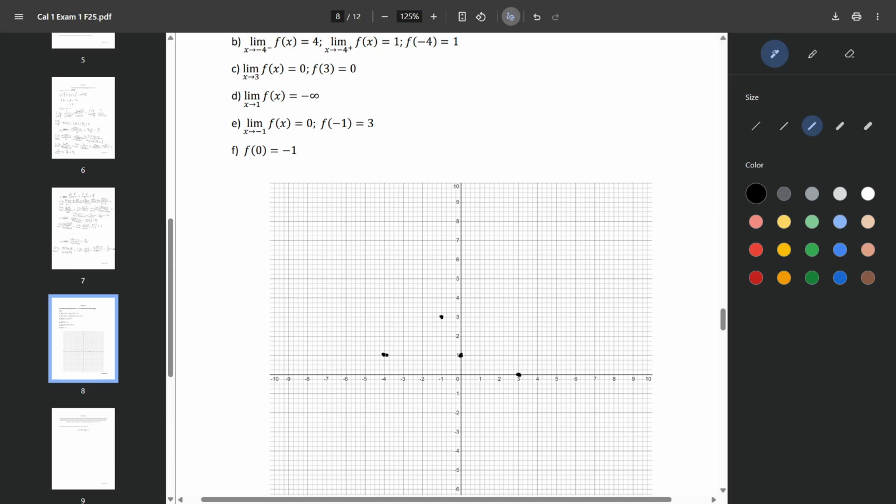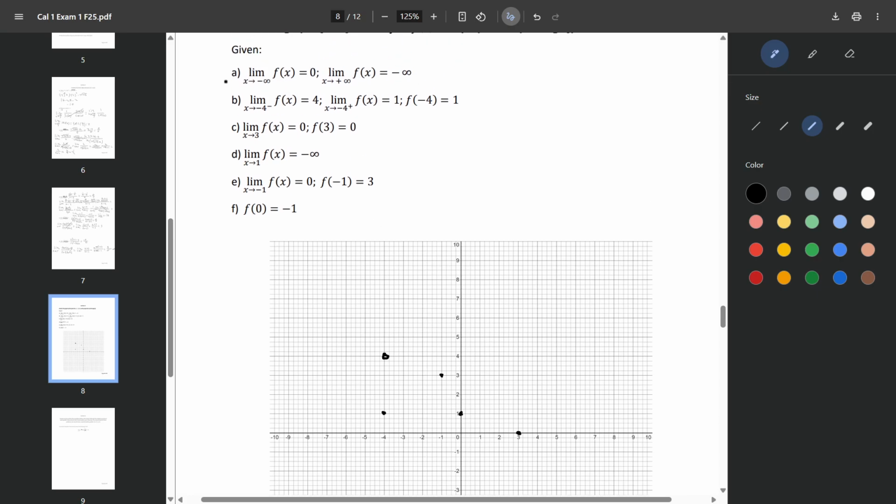So in this case, our graph will continue onward from the right at 1, but from the left side, because these two are not equal, and because -4 is defined at 1, the limit from the left is going to be an open circle because at -4 it's 1.